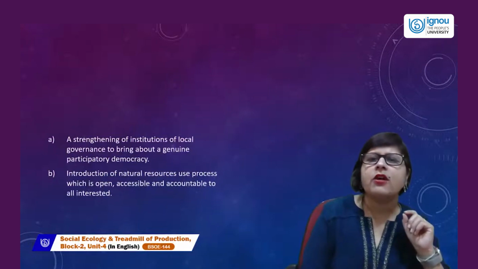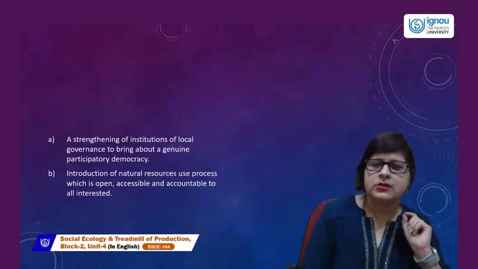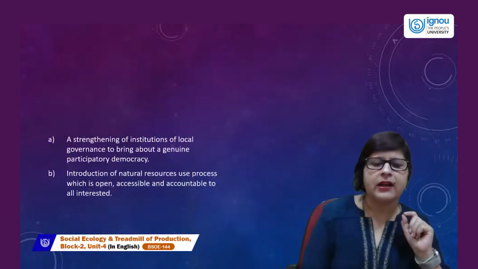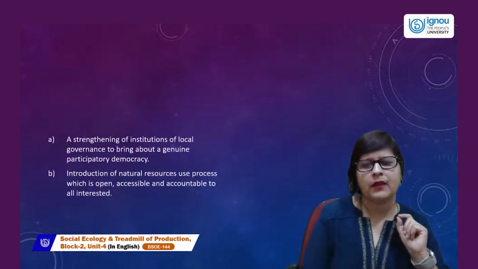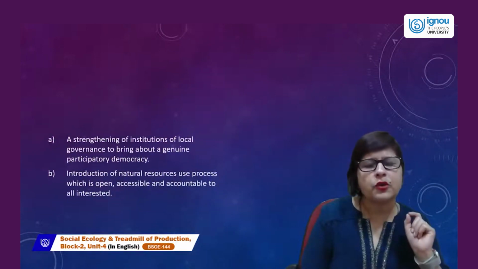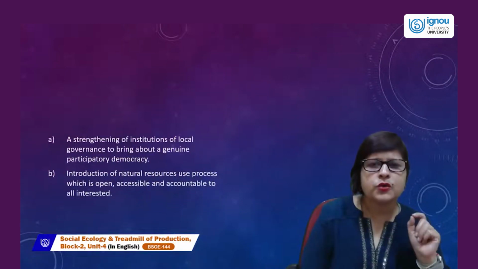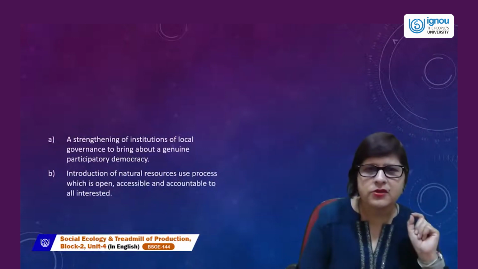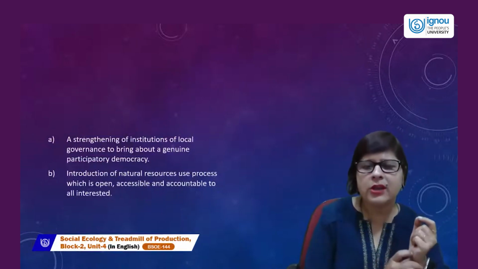Then, the introduction of natural resource use processes which are open, accessible and accountable to all interested. The second thing is that the natural resources should be open to all, and for those who use or exploit those natural resources, accountability should be theirs.